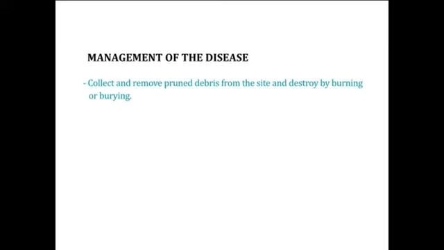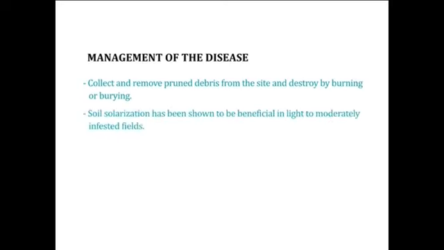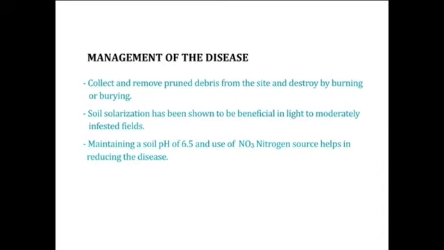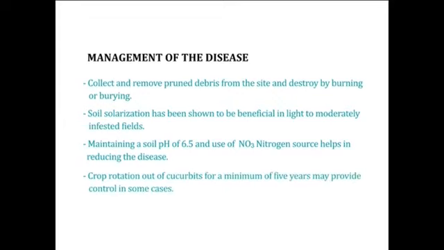Collect and remove plant debris from the site and destroy by burning or burying. Soil solarization has been shown to be beneficial in light to moderately infested fields. Maintaining a soil pH of 6.5 and use of a nitrate nitrogen source help in reducing the disease. Crop rotation out of cucurbits for a minimum of 5 years may provide control in some cases.